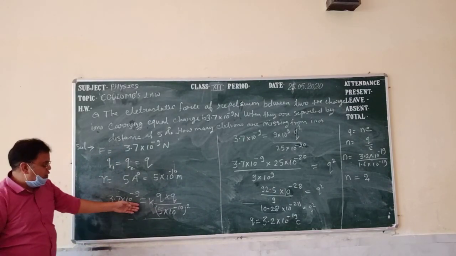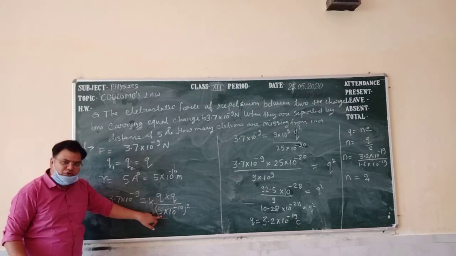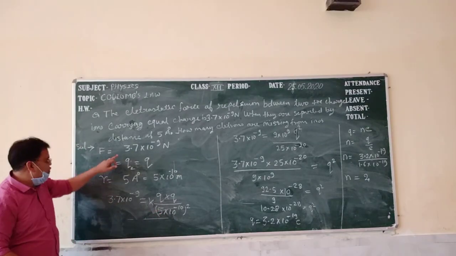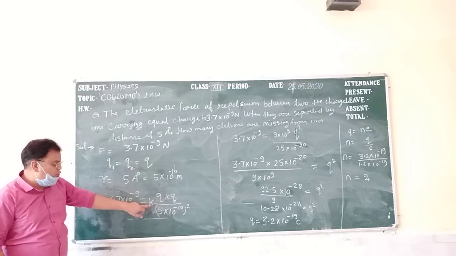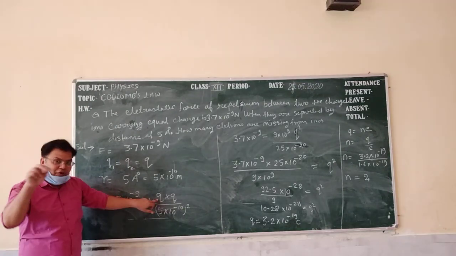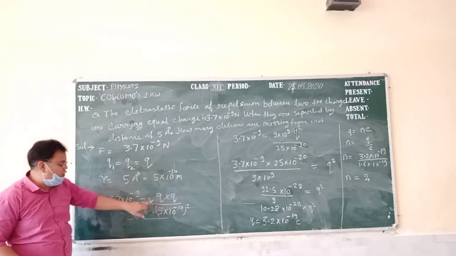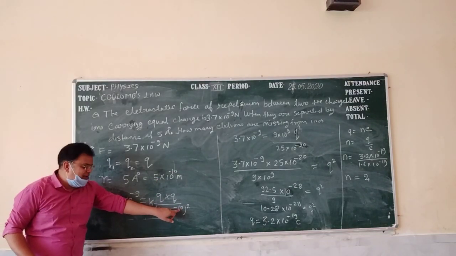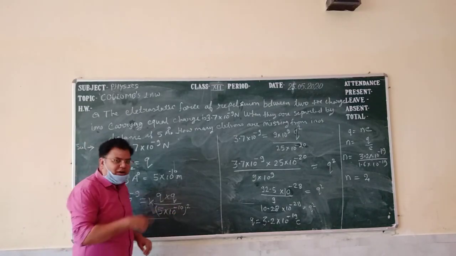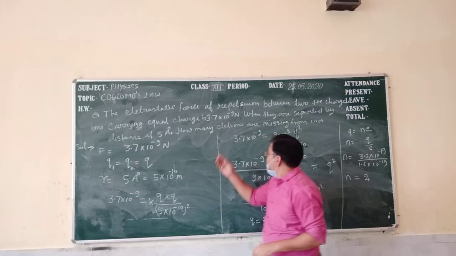Formula F equals K Q1 Q2 upon R square. Put the values: F equals 3.7 into 10 to the power minus 9 equals K Q into Q upon R square, (5 into 10 to the power minus 10) whole square.